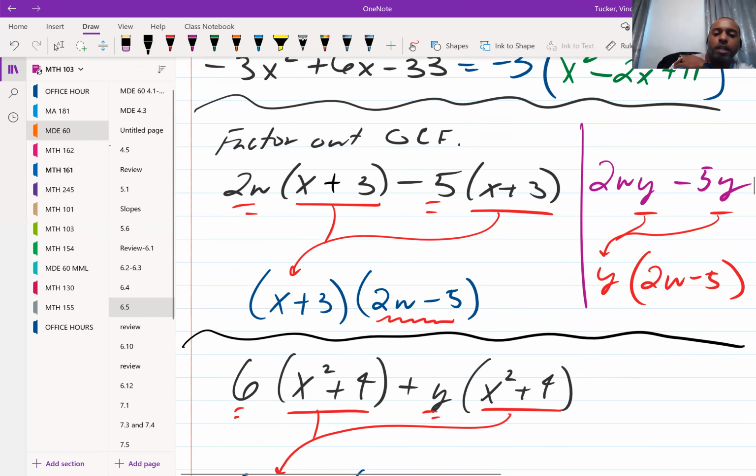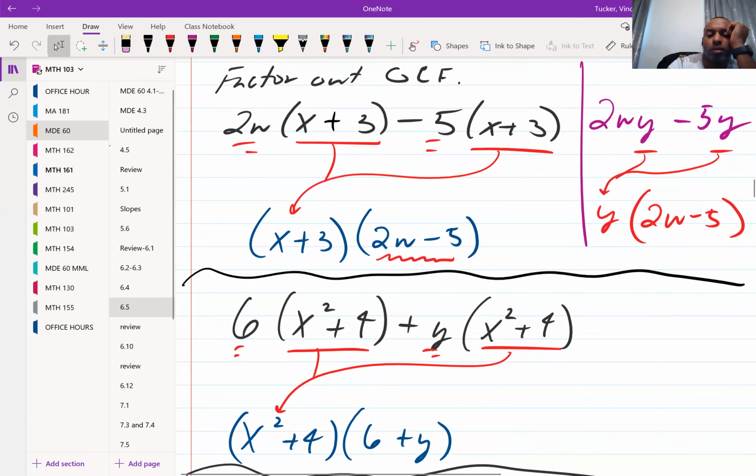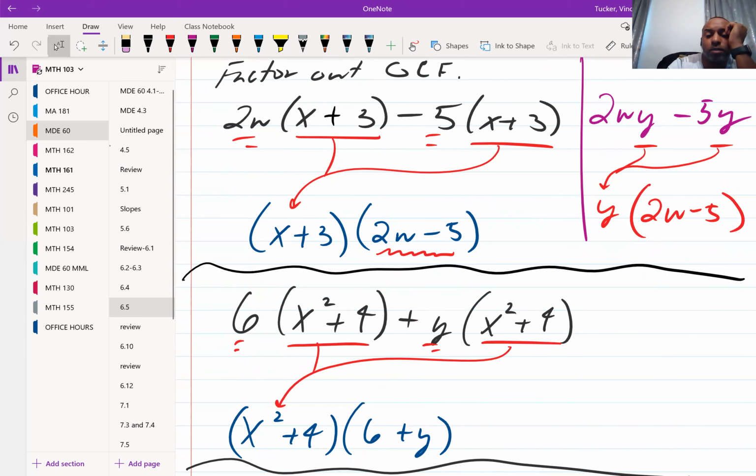All right, next one, same type of deal. 6 times (x squared plus 4) plus y times (x squared plus 4). So what's in common is the x squared plus 4. So you bring that out front, or down front, or whatever you want to say it.